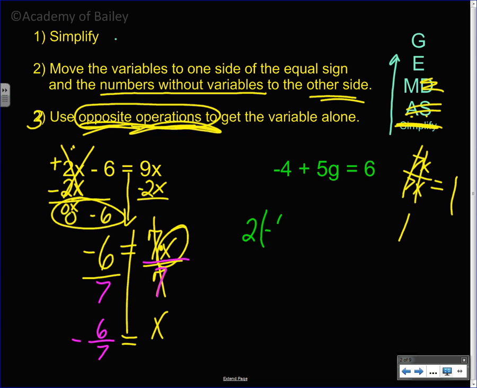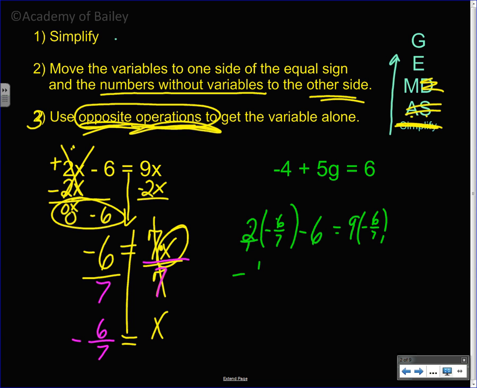2 times negative 6 over 7 minus 6 is equal to 9 times negative 6 over 7. Remember, when you multiply fractions, both of them have to be a fraction. We know a positive 2 over 1 times negative 6 over 7 is a negative. You multiply the top numbers, so 2 times 6 is 12.